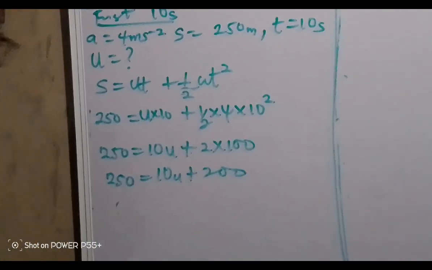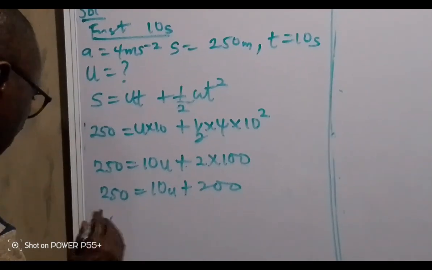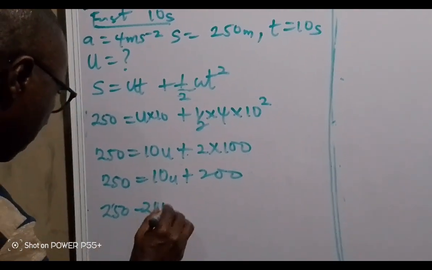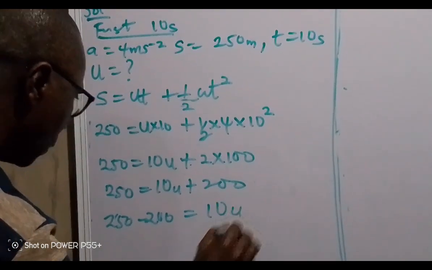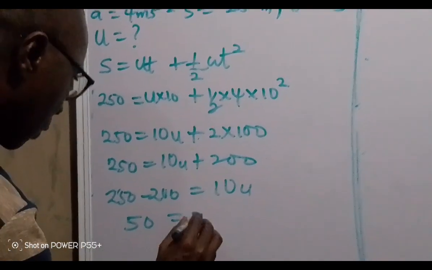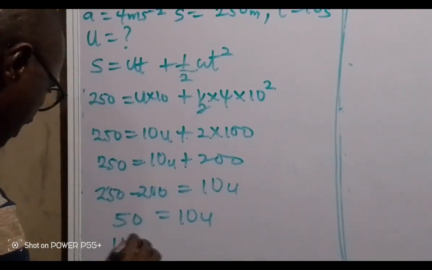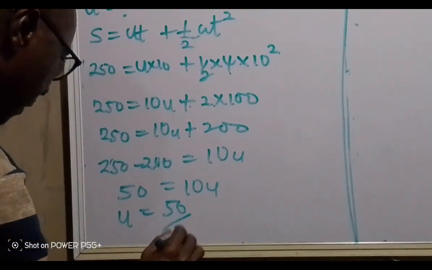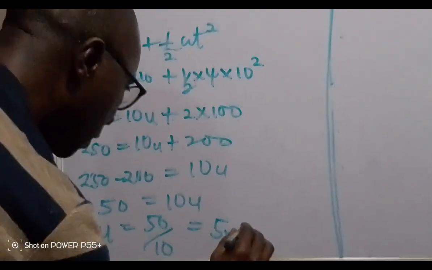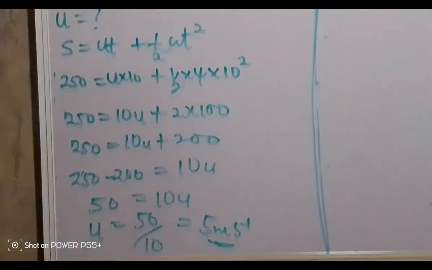Now from this, 250 minus 200 will be equal to 10u. So 50 is equal to 10u. u is equal to 50 over 10, and our u is equal to 5 meters per second.